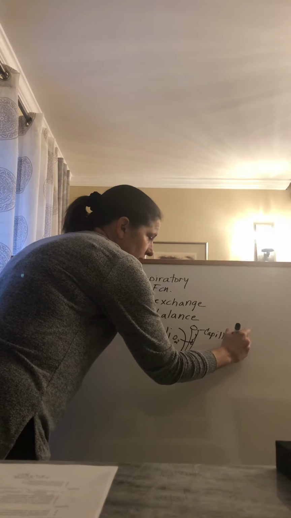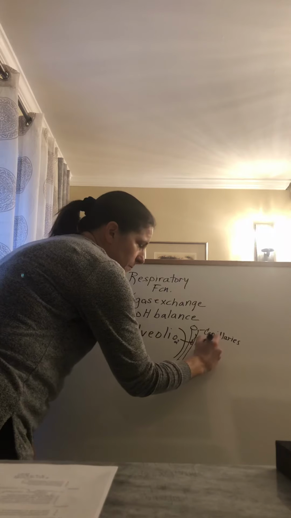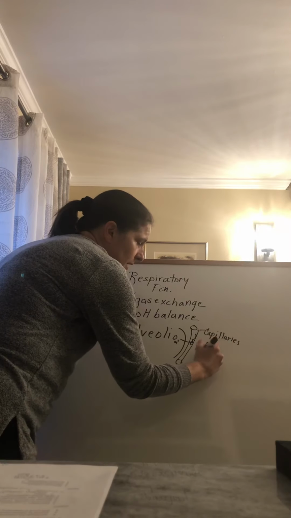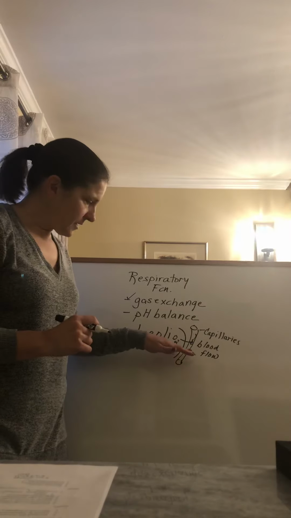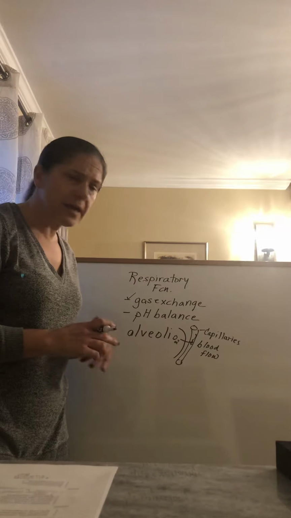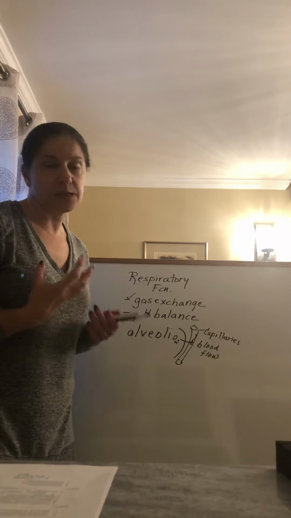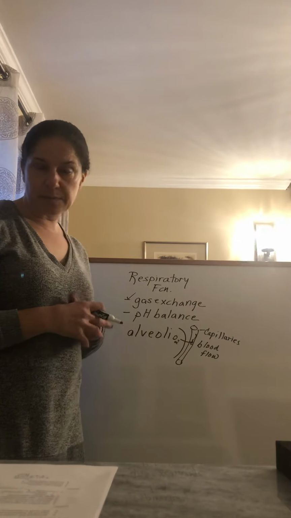So not only do we have to have air coming into the system, we also have to have blood flow through the system at all times so that as oxygen is brought in, it's shuttled away from the alveoli and back into the general circulatory system, which is where we need it to go. On the flip side, carbon dioxide has to make the opposite journey.